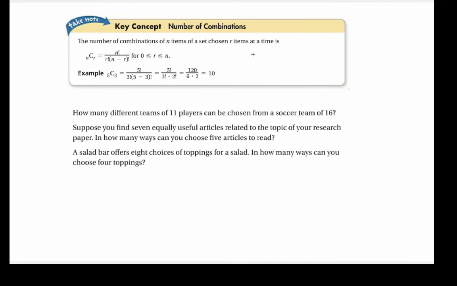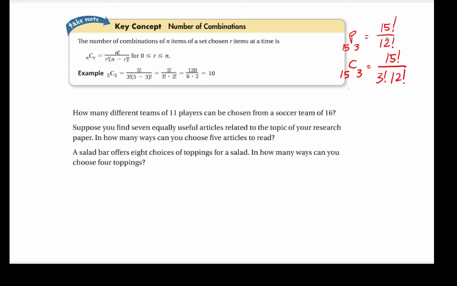So if I go back to the last example, the first time we had a 15 choose 3 permutation, and that was going to be 15 factorial over 12 factorial. Well, now in a combination, we're going to have 15 factorial over r factorial, which is 3 factorial, times 12 factorial.